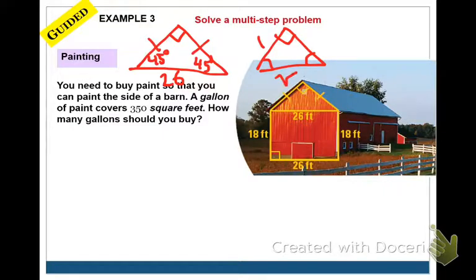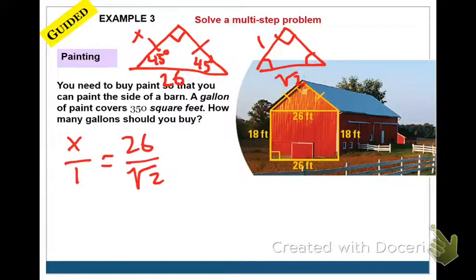It's radical 2. So we can set up our proportion. We'll call this x. All right, so we can say x is to 1 as 26 is to radical 2. Right?